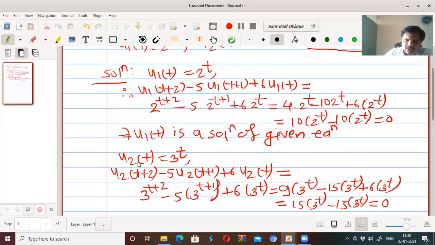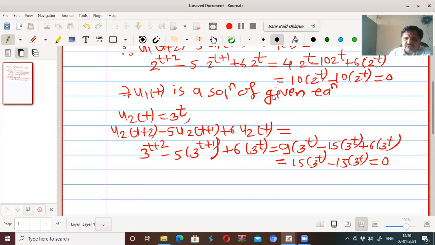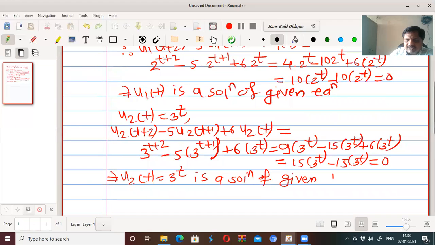Thus u2 of t equal to 3 to the power t satisfies this equation u of t plus 2 minus 5 times u of t plus 1 plus 6 times u of t equal to 0. Therefore u2 of t equal to 3 to the power t is a solution of the given difference equation.